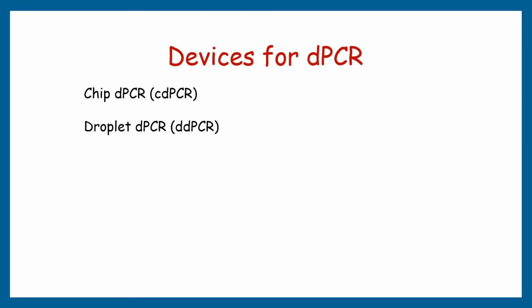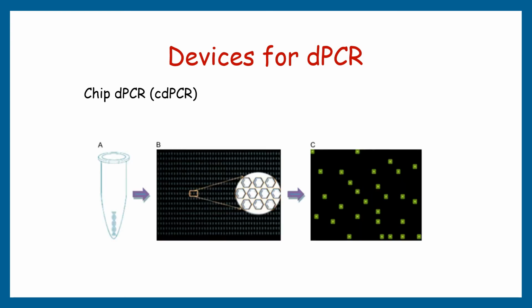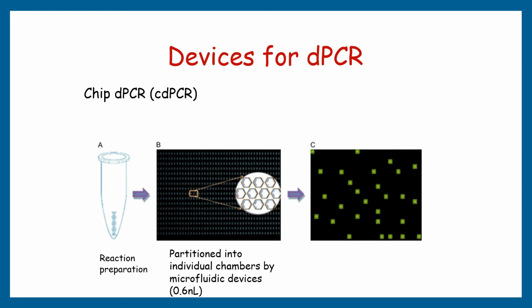According to the methods of separating the reaction mixture, digital PCR can be classified into chip digital PCR and droplet digital PCR. The chip digital PCR depends on microfluidic technology and involves the partitioning of the reaction into nanoliter reaction chambers. Firstly, prepare the reaction mixture in a tube, and this reaction mixture is partitioned into individual chambers by microfluidic devices for PCR amplification.